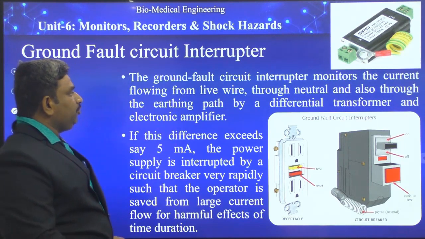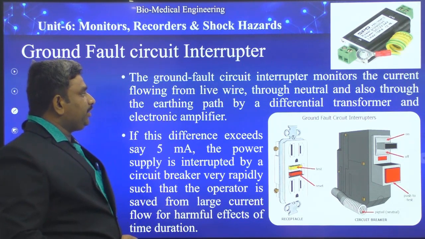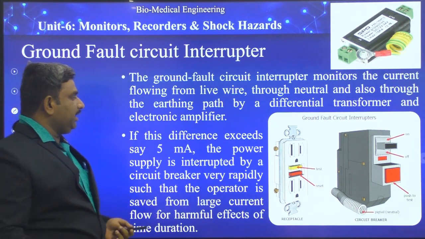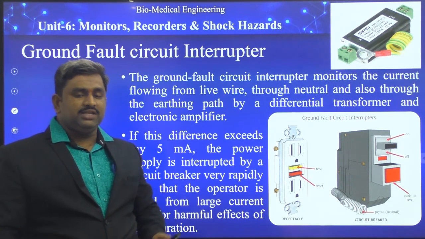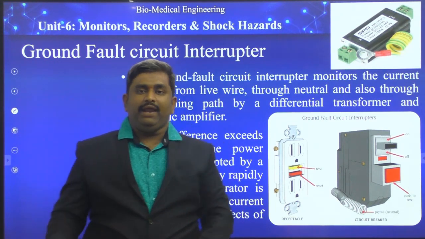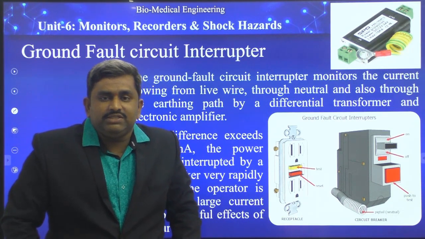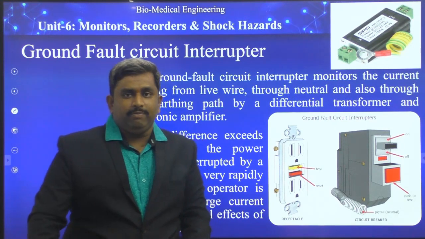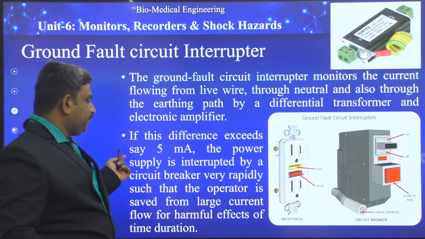The ground fault circuit interrupter monitors the current flowing from the live wire through the neutral and also through the earthing path, using a differential transformer and an electronic amplifier. These electronic interrupters always monitor how the current flows from the line conductor to the neutral wire, and how the electrical leakage current passes through the ground wire.